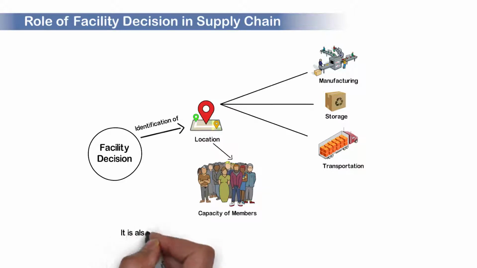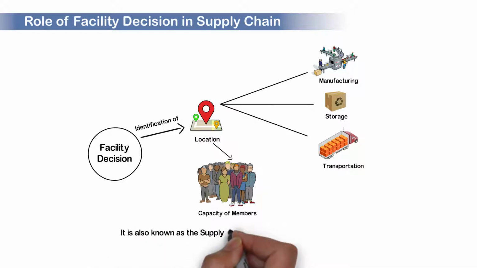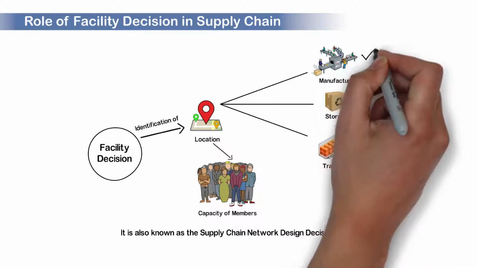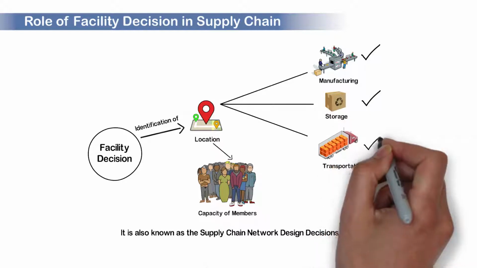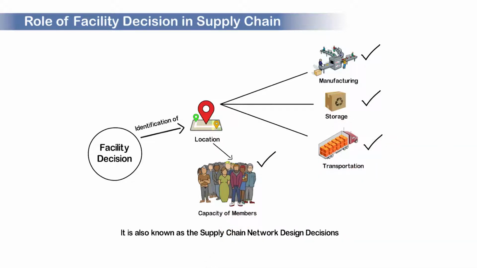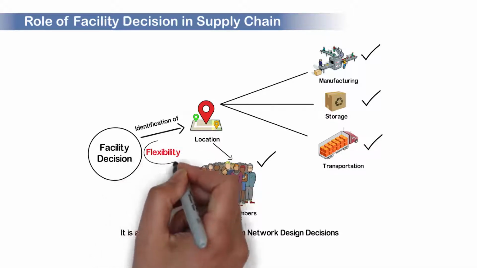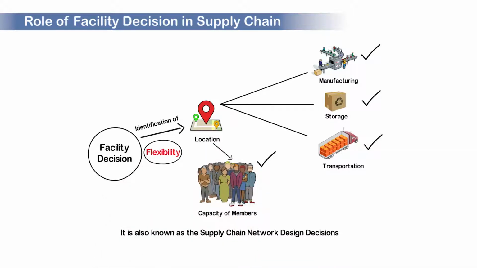It is also known as the supply chain network design decision. The network design affects all the members of the supply chain as well as the role of each facility. The decision is highly significant as it determines the flexibility of the supply chain in the current dynamic market condition.